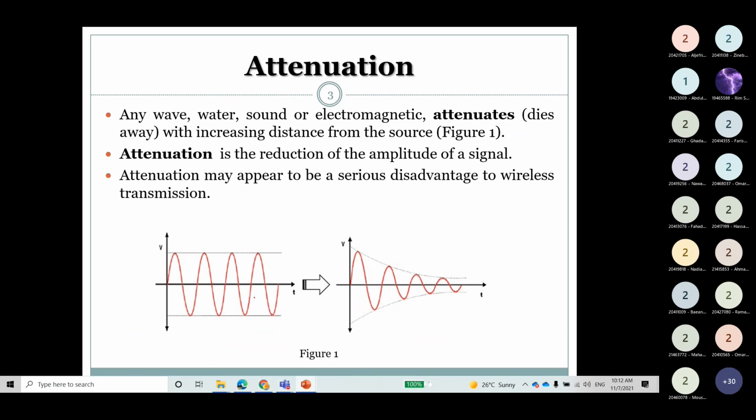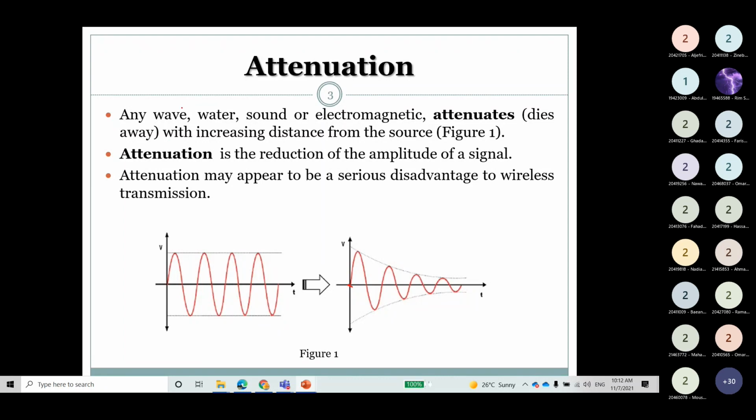So if the source is here, when the signal travels over distance away from its source, it will be attenuated, decreased, reduced.